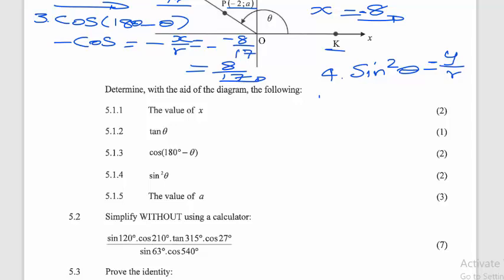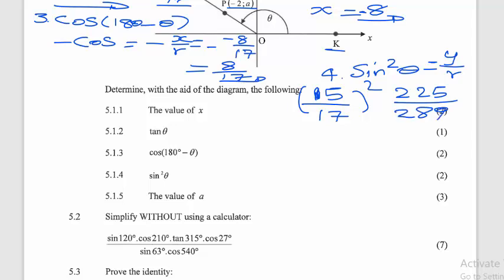So y over r, which is 15 over 17, and this should be inside brackets squared, so this square can be applied to both numbers. So here we'll have our 225, we already calculated this, over 289, and that is our answer.